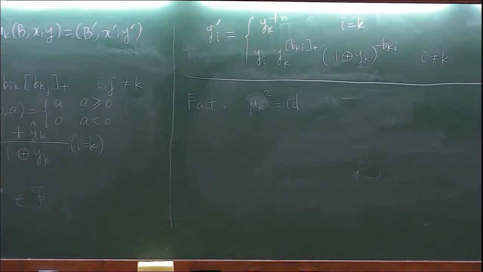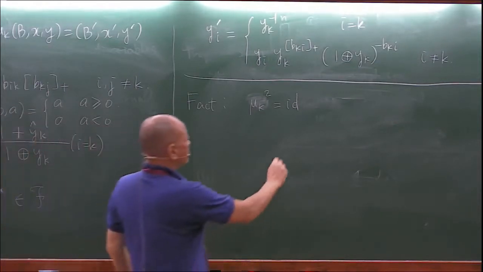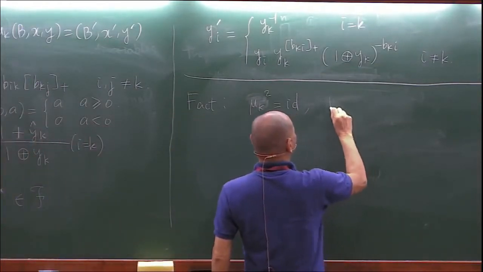So it is an involution. And also, to say that this is a seed, you first have to claim that this matrix is a skew-symmetrizable matrix, right? But this is actually guaranteed by the following simple observation.